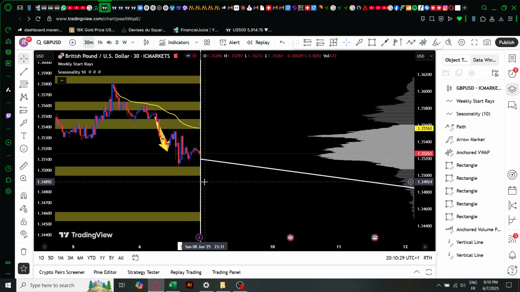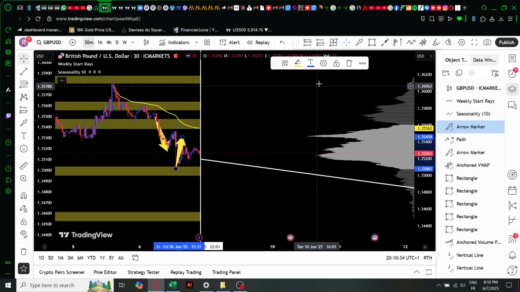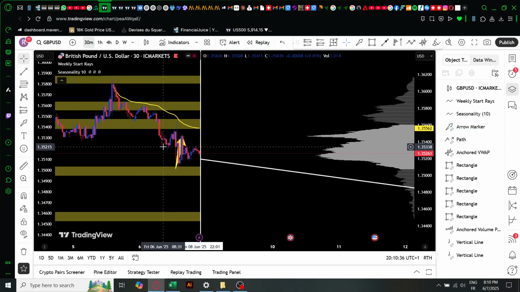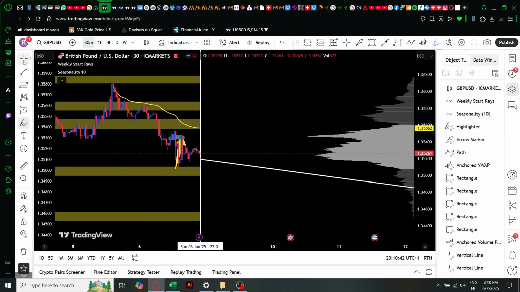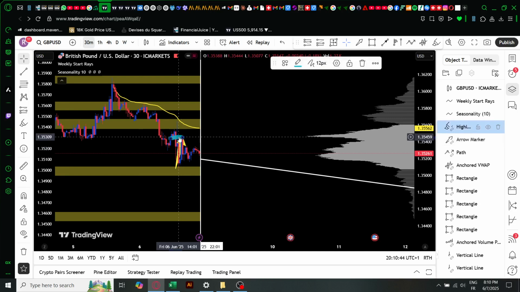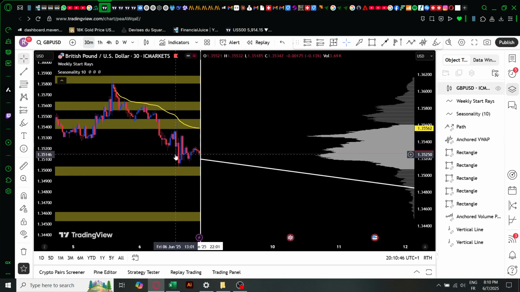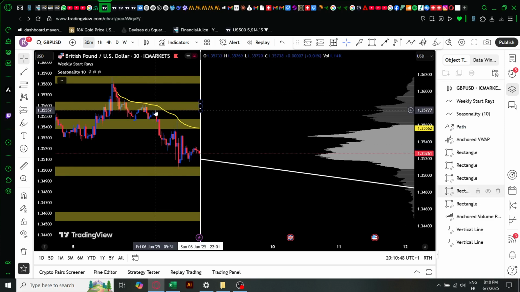The last bullish move, which is here. Let me just delete this. So it ends here. Then we can take this level to short from, and then we can put our stop just above here.